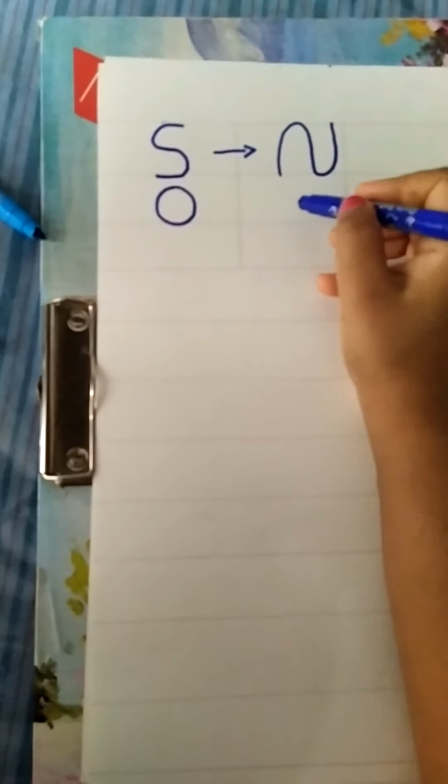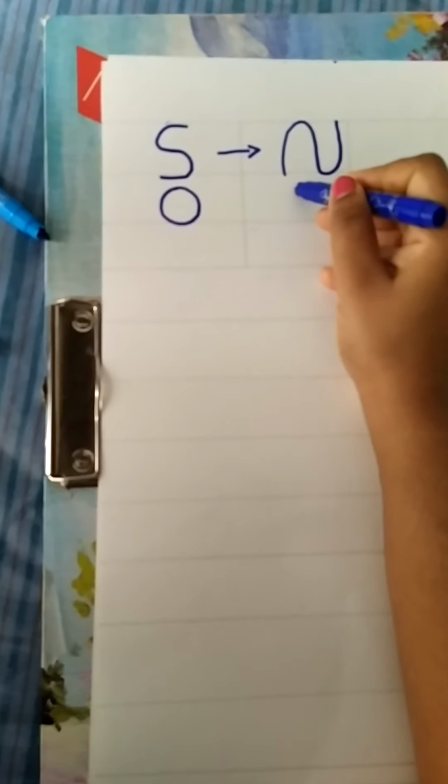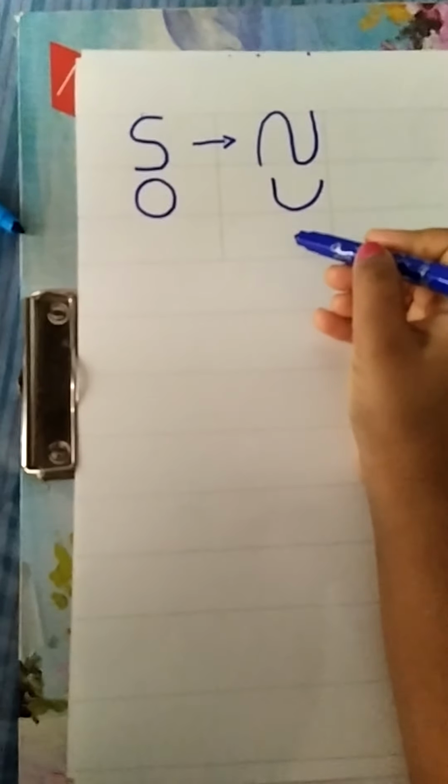The next letter is O. From O you can get it this way, the top half of the circle. You got it? The other one is the down half of the circle, and the other one is the upper half.